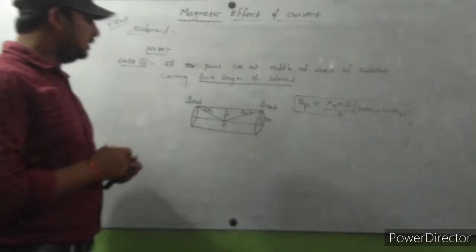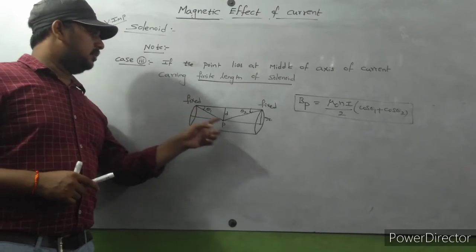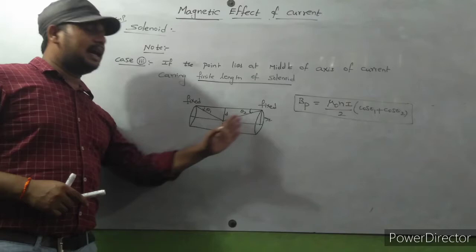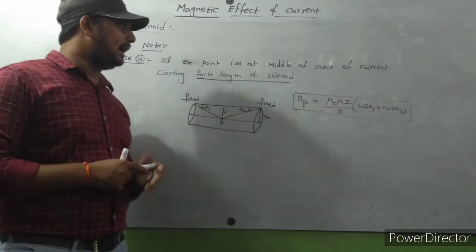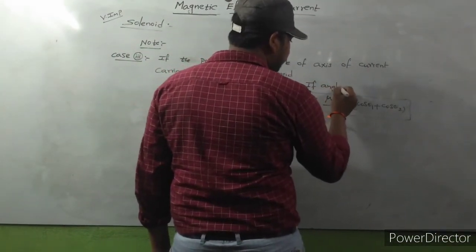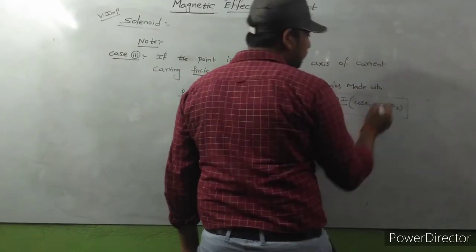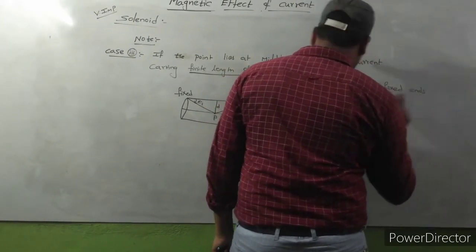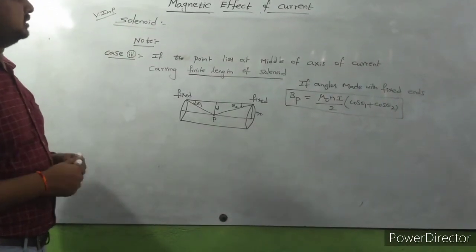If the solenoid is made with finite length of wire and the point lies at the middle of the axis of the solenoid, with angles made with fixed ends, then the magnetic field at P is equal to mu naught n i by 2 into cos theta 1 plus cos theta 2.